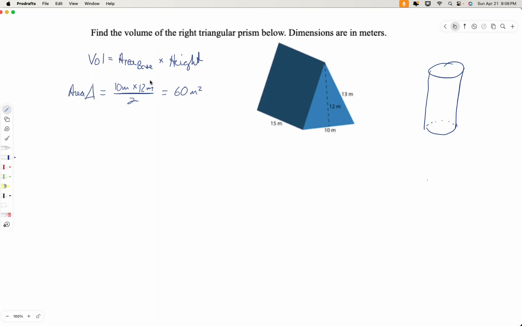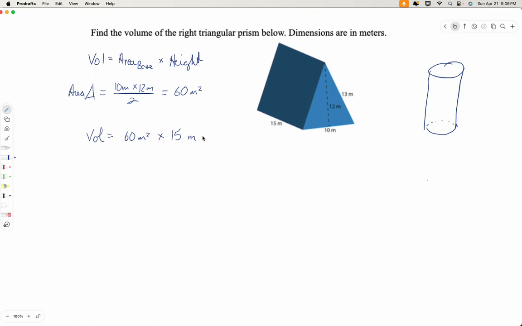Now that we have the area of the base, we put that back in. Volume is equal to 60 meters squared times the height. In this case, it's length, because it's like the column got flipped over on its side. So it would be this dimension, 15 meters. 60 times 15: 10 times 60 would be 600, and 5 times 60 would be half of 600, so 300.